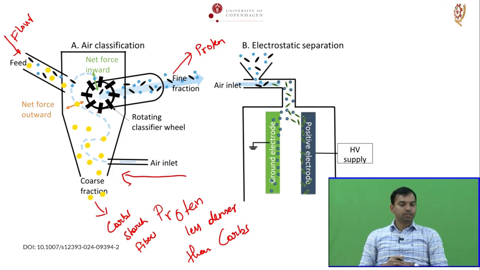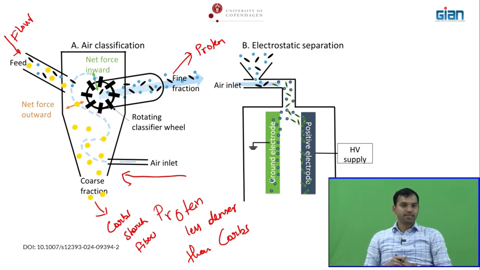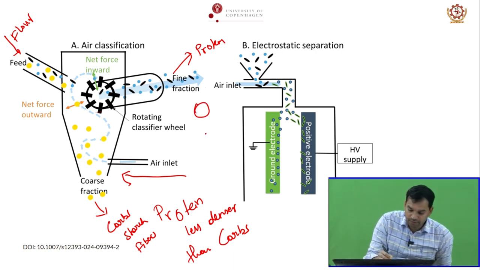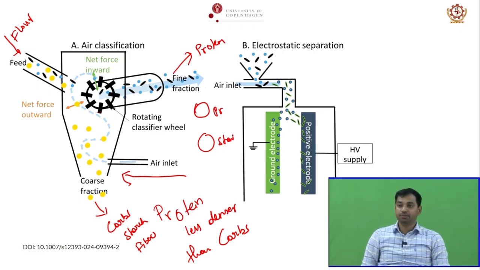It's the most simple way of separating proteins because proteins are less dense than the carbs. Is it clear? Okay. That's how you get the protein fraction and starch fraction separated, especially from cereals.